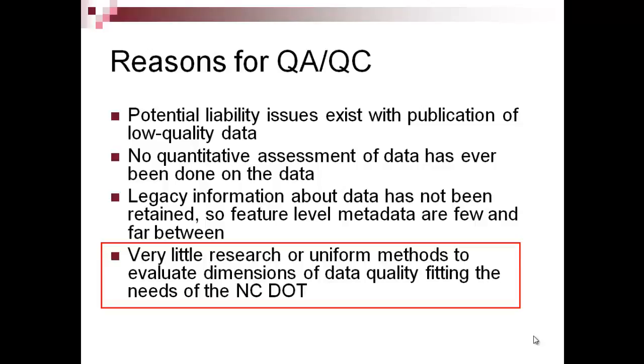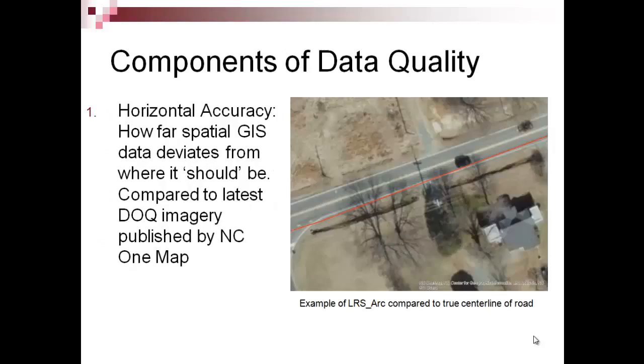So we're trying to marry the older data and the new data and basically give the NCDOT places to start where data development or redevelopment efforts would best be started.